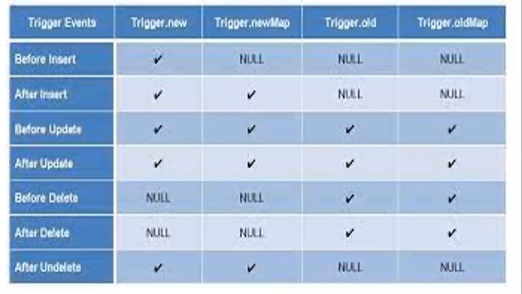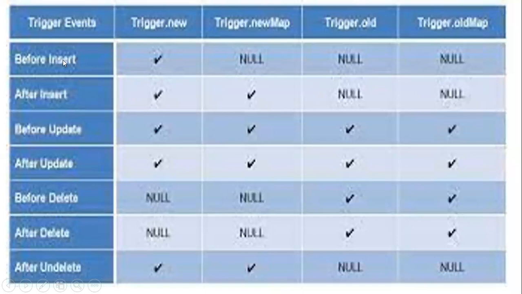So before insertion, the records don't have an ID. That's why only trigger.new is available. The others, trigger.newMap, trigger.old and trigger.oldMap, have IDs.